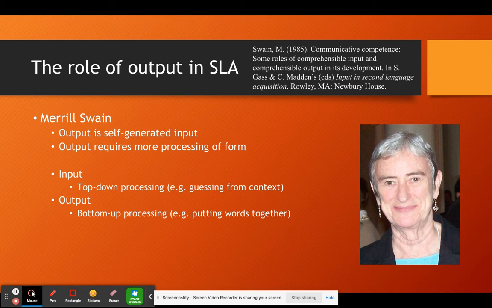An extreme example of this would be the English third person singular form, like I like, but he likes, that final S morpheme that shows that we're using the third person singular grammar. A learner does not really need to process that morpheme in order to understand the sentence.